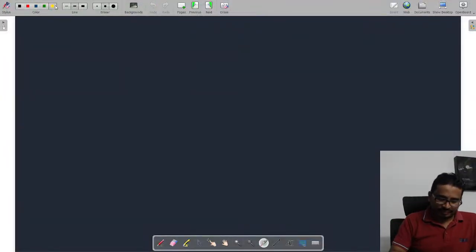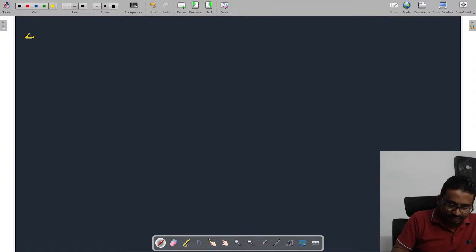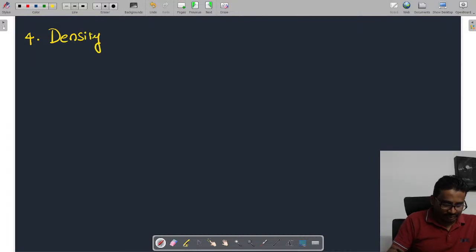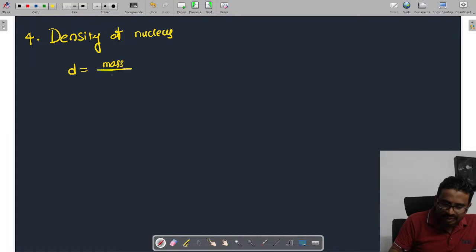Next one, density. Density of the nucleus. Basically density is given as what? Density is given as mass by volume.